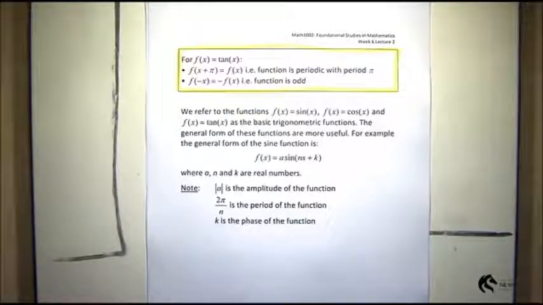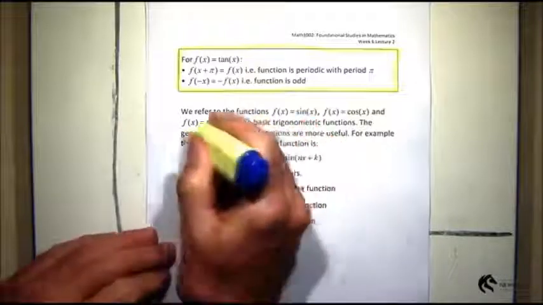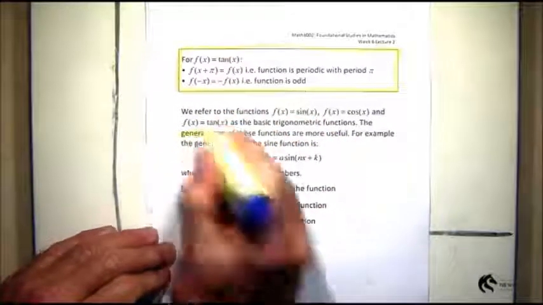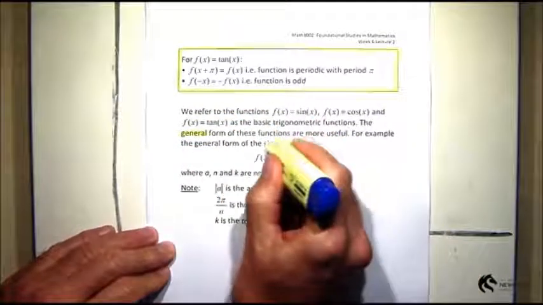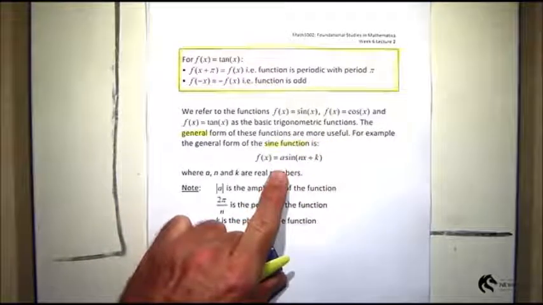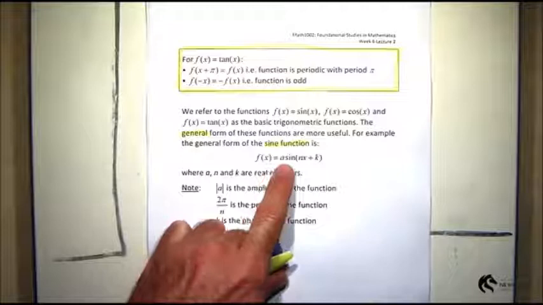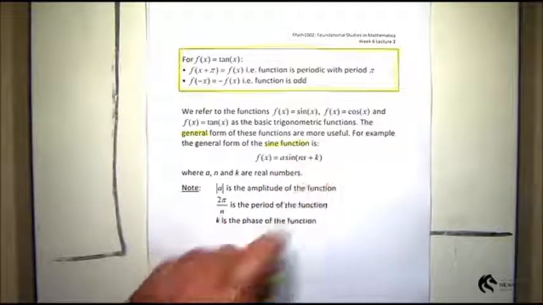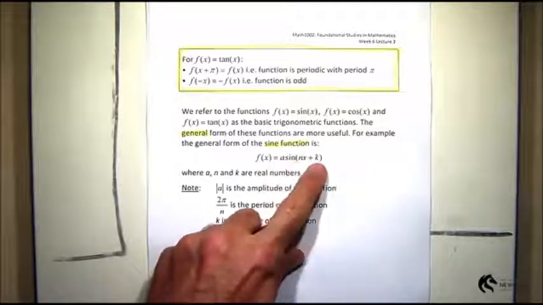Okay, so to be really useful, we need a general function. And so I say the general form of the sine function is in fact this one here. f(x) is a times sine of (nx plus k), where a, n and k are just numbers.